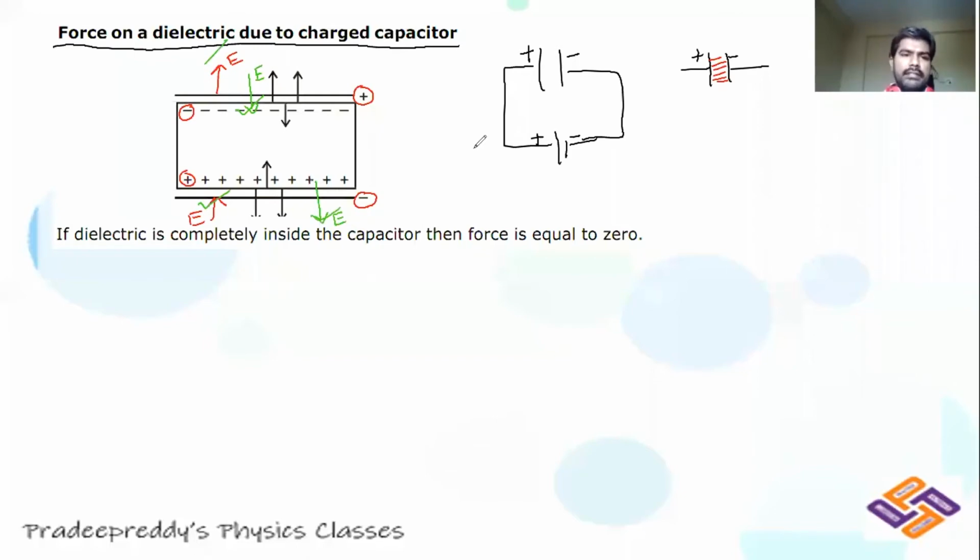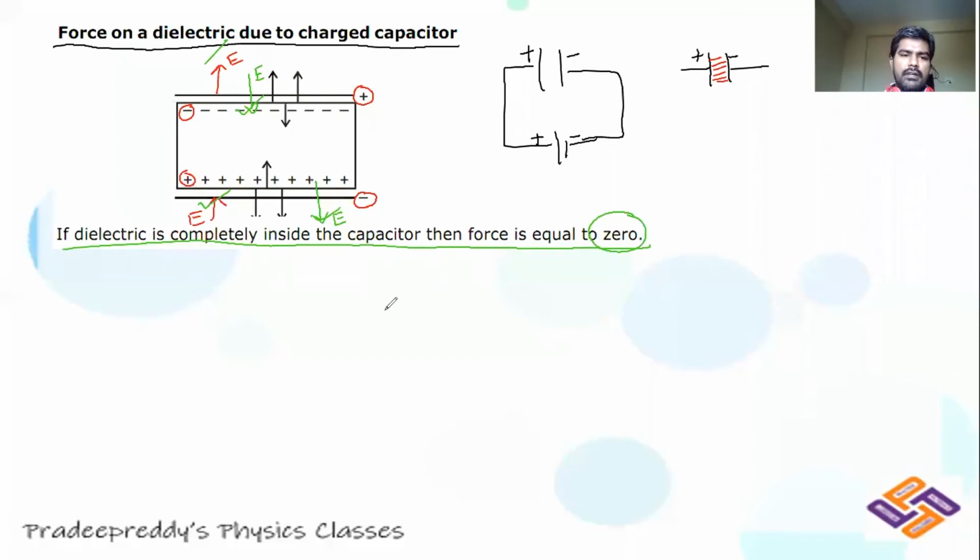What is happening here? See, as the entire space is filled with the dielectric slab, the effective field produced by the positive charge is nullified by the effective negative charge. As a result, if the dielectric is completely inside the capacitor, then the force on this dielectric slab will be equal to 0, because the net effective field is equal to 0 within this capacitor.